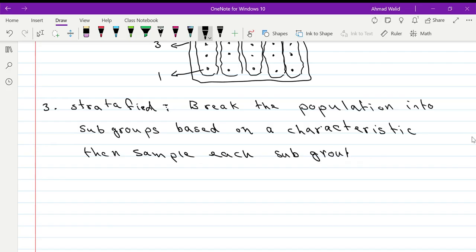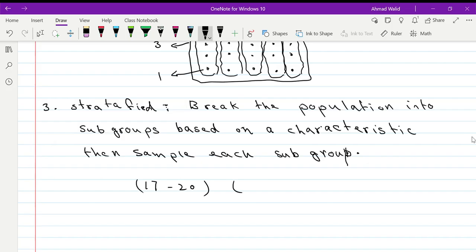There is a difference between this one and the previous one. What you do, you go to a population, you make subgroups, but these subgroups are based on some characteristics. For example, if I do again the example of your class, I can divide your class into subgroups. For example, the students aged 17 to 20 will be one group.